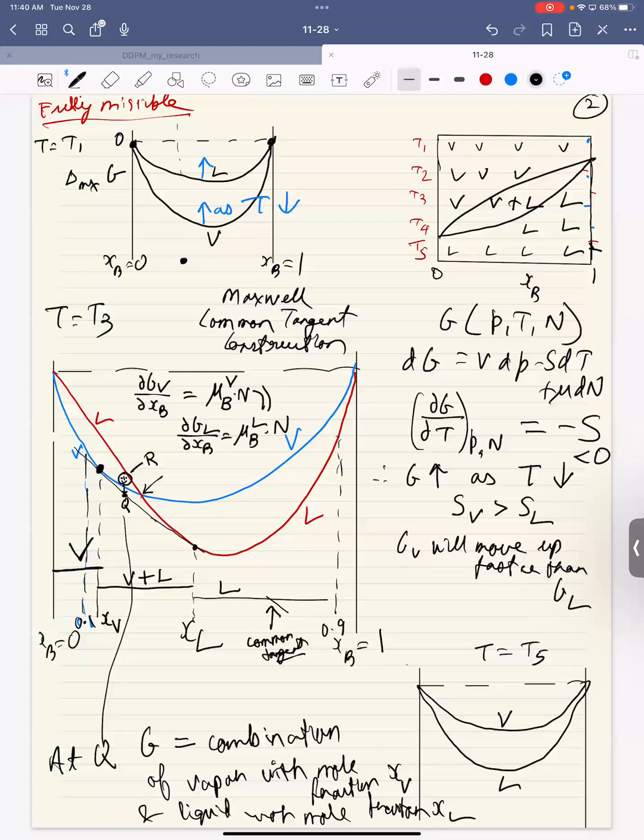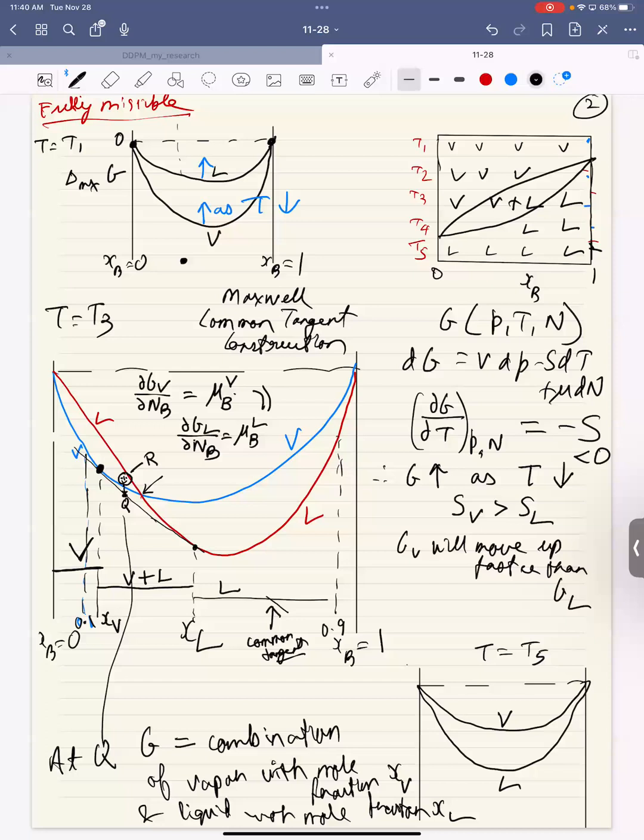So the true definition of chemical potential is, let me write it this way. Then it's not extensive, it's an intensive quantity. Chemical potential is never extensive, it's intensive.